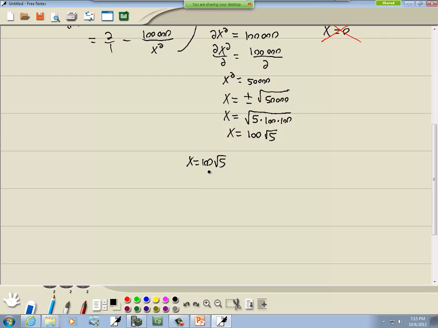Well, let's build our intervals here. There we go. And we want to pick test cases. In order to pick test cases, we actually have to know what 100 square root of 5 is.